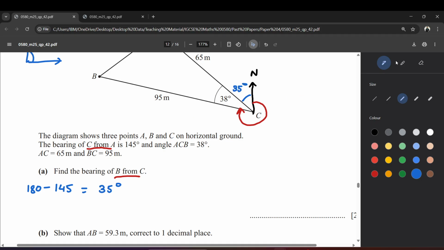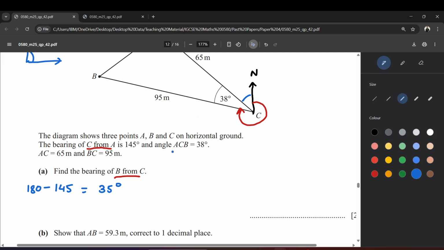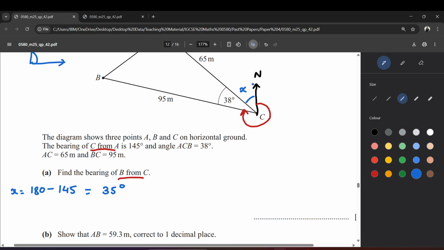So this angle is 35 degrees. If you want to make it more clear, let's say that this is angle x, so you can write that x is equal to 35 degrees. Later you can label it as 35 degrees as well after you have found the answer.